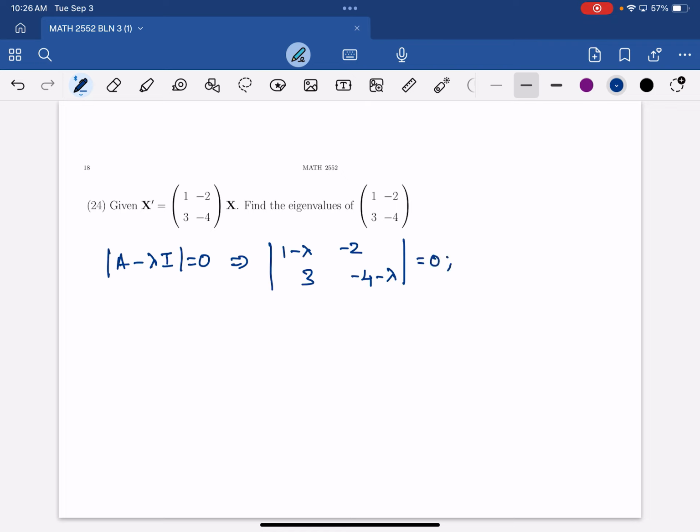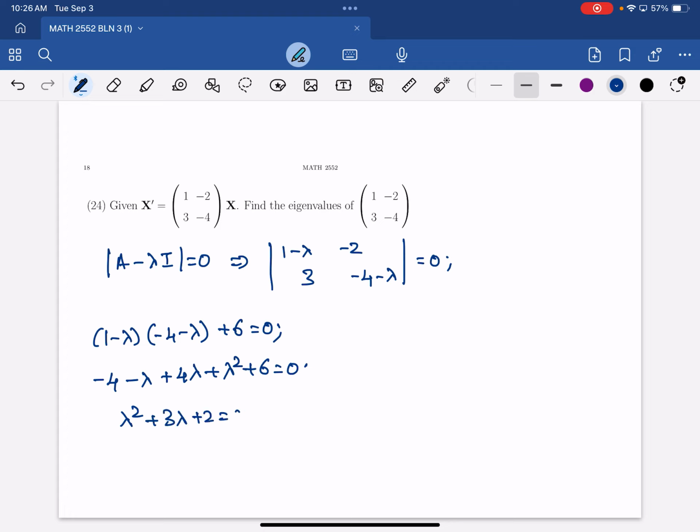So that gives you (1 minus lambda)(-4 minus lambda) minus (-2)(3) equals 0, which gives lambda squared plus 3 lambda plus 2 equals 0. So (lambda plus 2)(lambda plus 1) equals 0, so lambda equals negative 2, lambda equals negative 1. So your eigenvalues are real, different, and negative. Are we in linear algebra or are we in differential equations? It doesn't matter at this point, right?